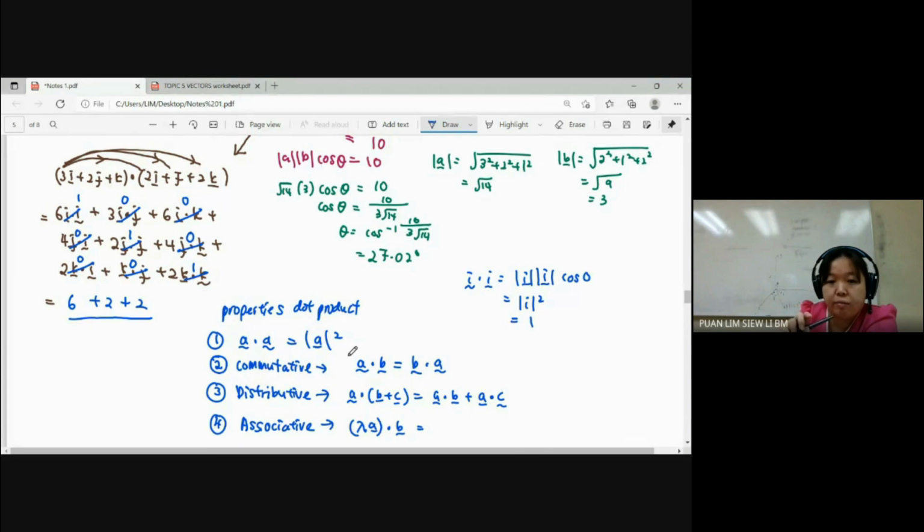So commutative law maksudnya dalam dot product dia boleh terbalik sebab A dengan B, B dengan A adalah benda yang sama sebab angle di antara mereka tak kisah kita start dengan angle ini ke sini ataupun sini ke sini sama benda. So commutative law means I can change. Saya boleh tukar position dia. Bila saya buat dot product A dot B, saya boleh tukar B dot A.